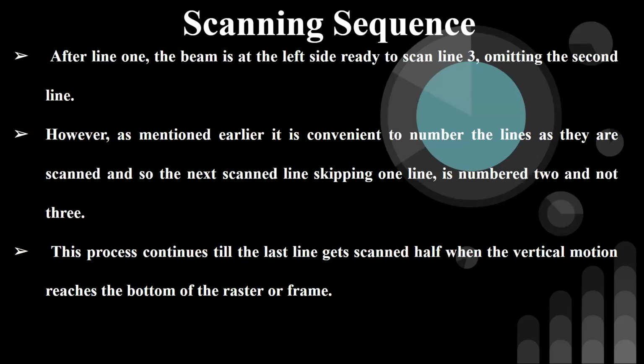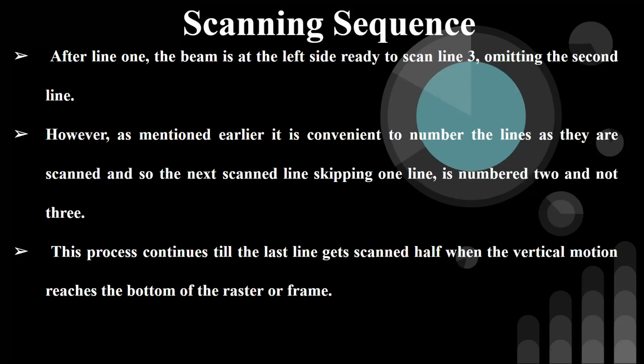This process continues till the last line gets scanned half, when the vertical motion reaches the bottom of the raster or frame. So this is the way these scan lines are scanned.